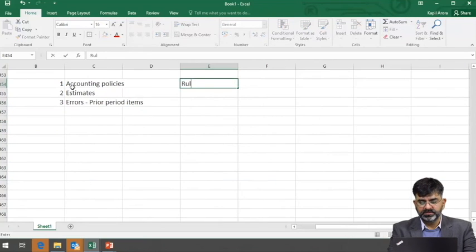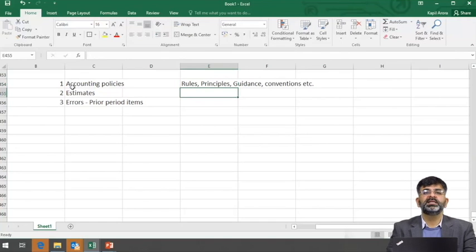Now when we talk about the first thing, what is accounting policy? Basically it's rules, principles, guidance, right, conventions, etc. All these collectively are nothing but the accounting policies.